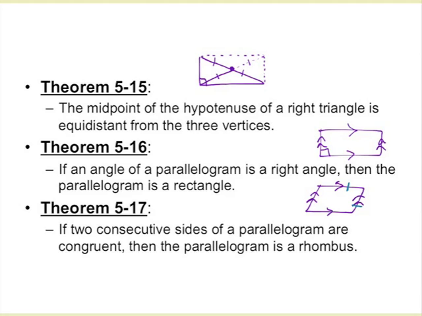Just showing that two next to each other are the same size is enough to say it's a rhombus, as long as we also know it's a parallelogram. So these are shortcuts to being able to prove something is a rectangle or a rhombus. We don't have to satisfy the full definition, we can just satisfy the shortened definition. Okay? Questions?